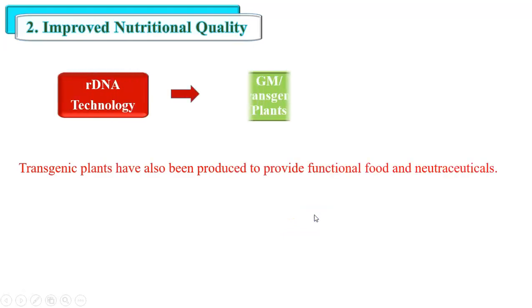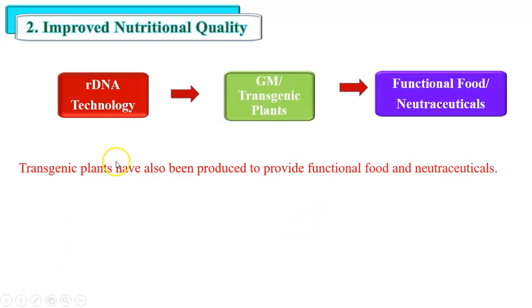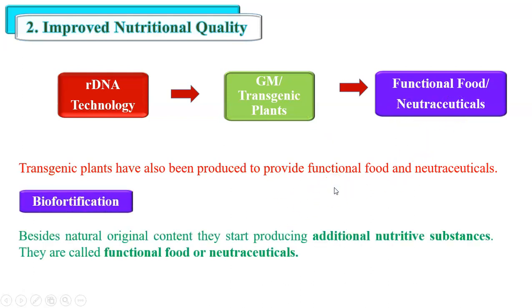Next way of using transgenic plant is improved nutritional quality. Recombinant DNA technology gives rise to transgenic plants which can be used for the production of functional food or nutraceuticals. The process is also called biofortification.